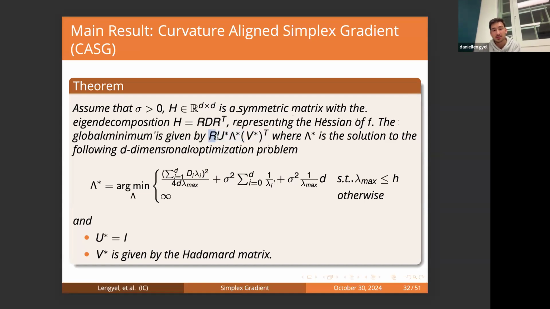So this guy just rotates your sample set that you find in the diagonal space to be in the real space. So then you have U star, lambda star, and V star. Lambda star is given by this optimization problem. U star is surprisingly just the identity. And V star is the Hadamard matrix, which actually gives you many nice properties, it turns out, on how it distributes the sample points geometrically.